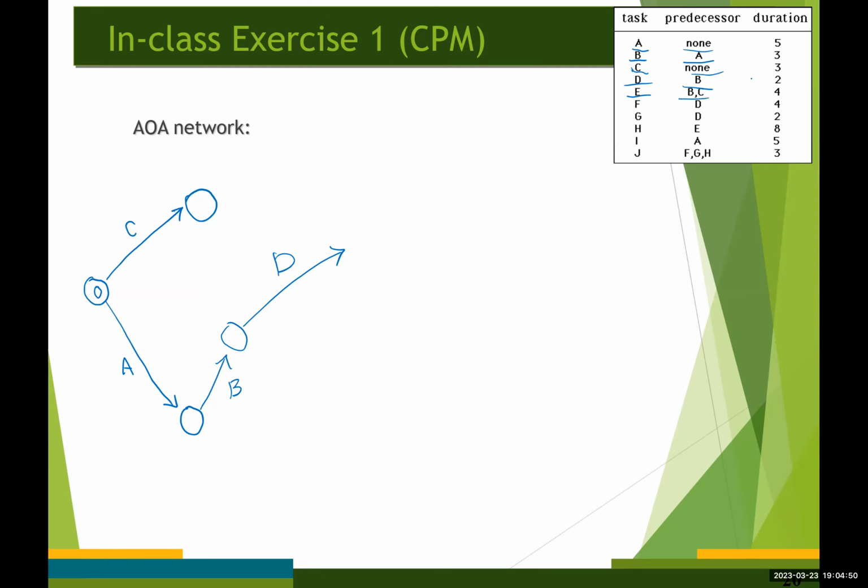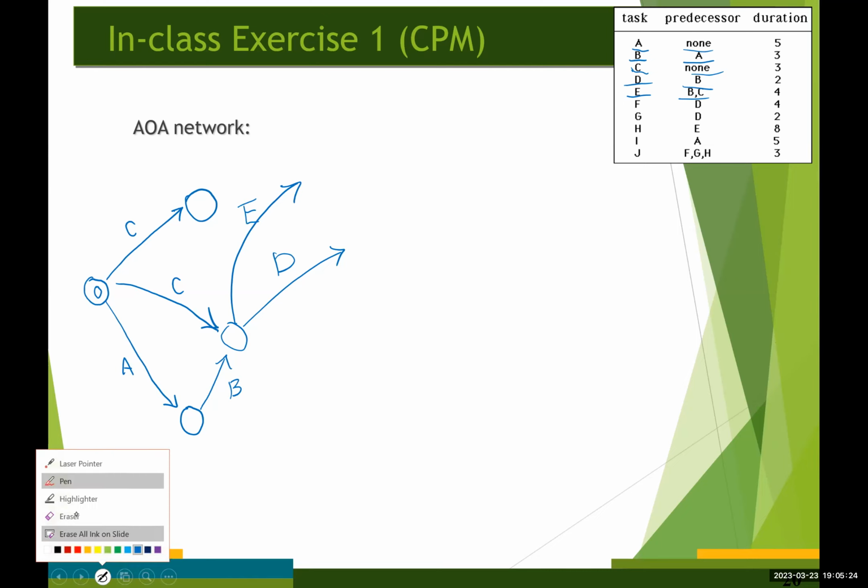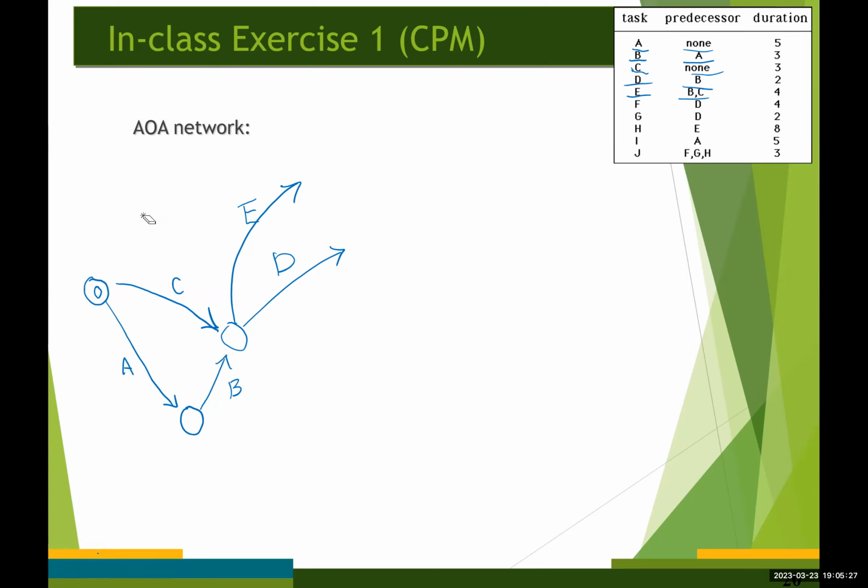E has two predecessors, B and C. So if we draw C here, and we have E down here, and we delete this, what happened here then?